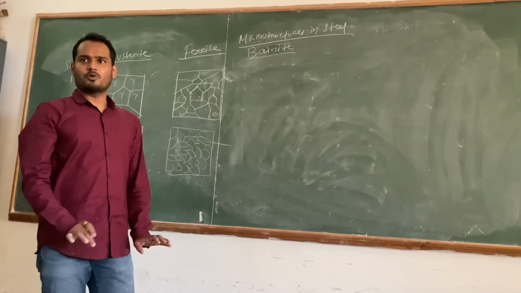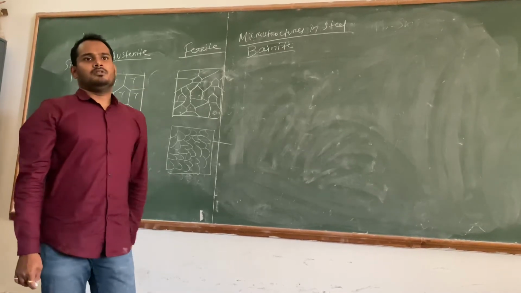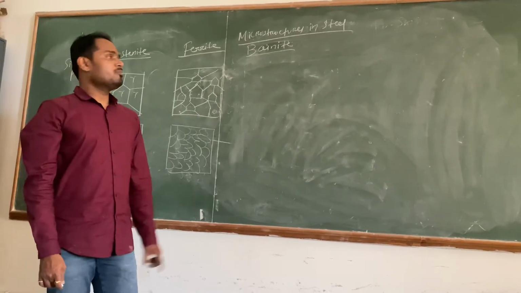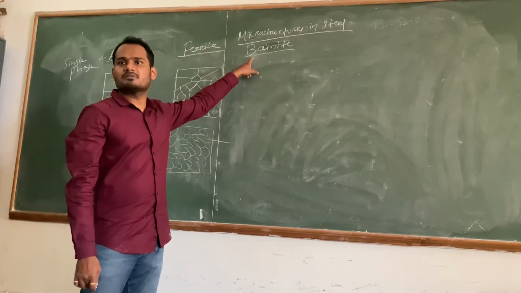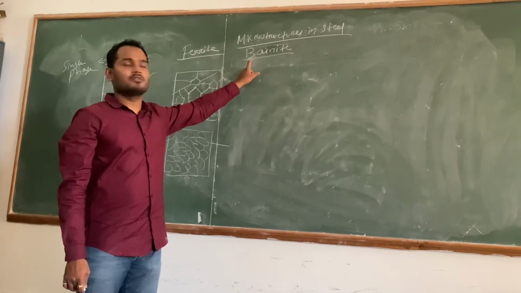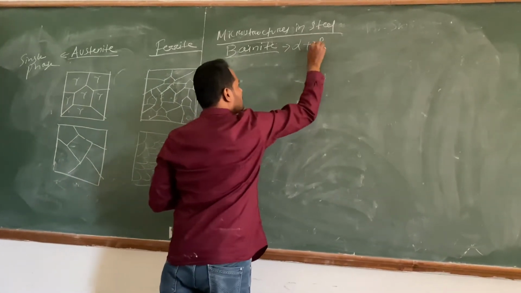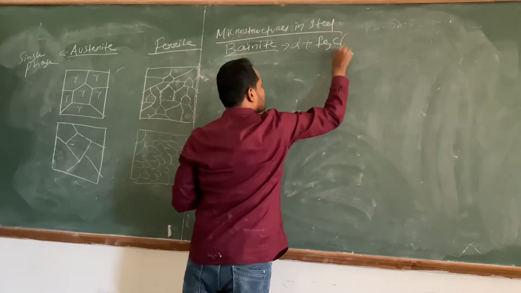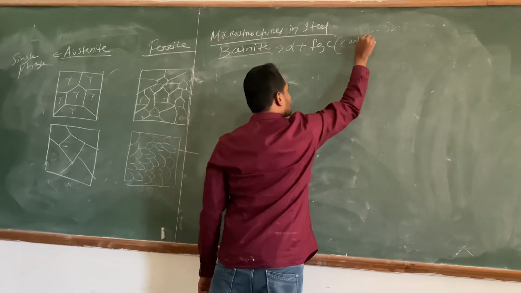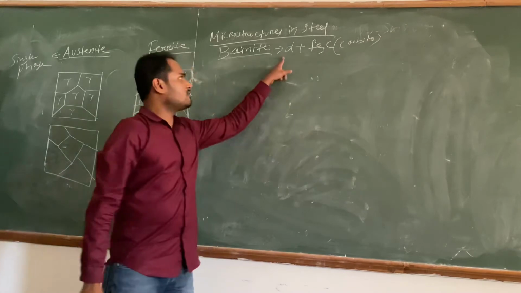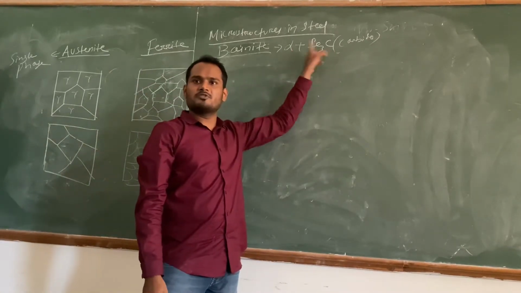The wavelength is large, so we cannot resolve the bainite easily. Bainite is a mixture of phases. It is not a single phase, you have to remember. It has alpha plus carbide. Alpha is one phase, cementite is another phase. So this is a mixture of phases.